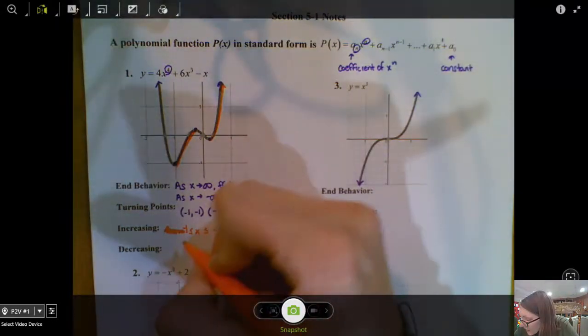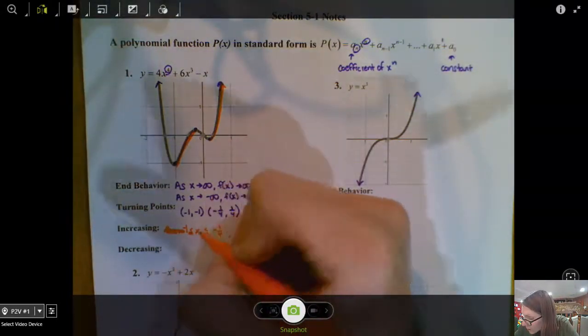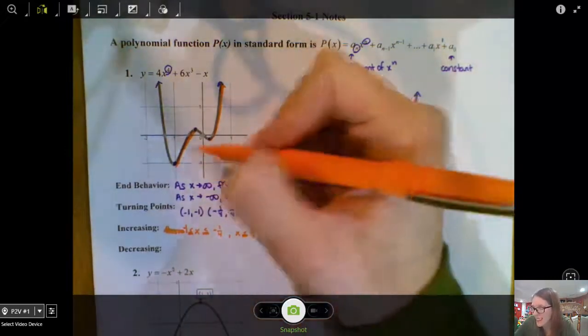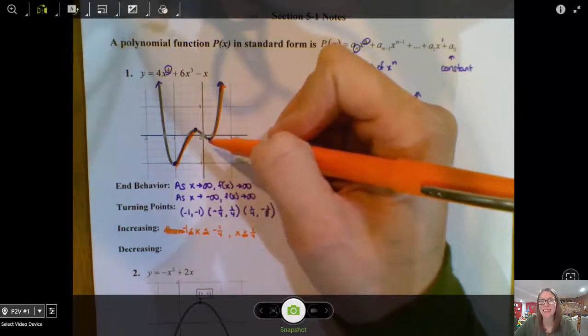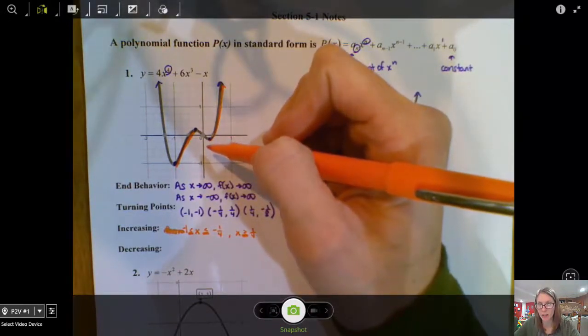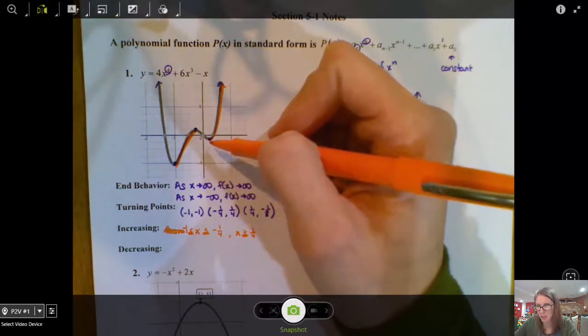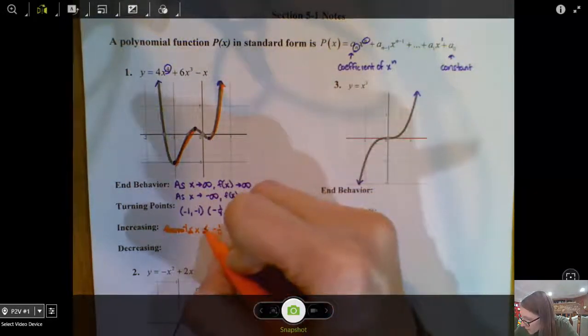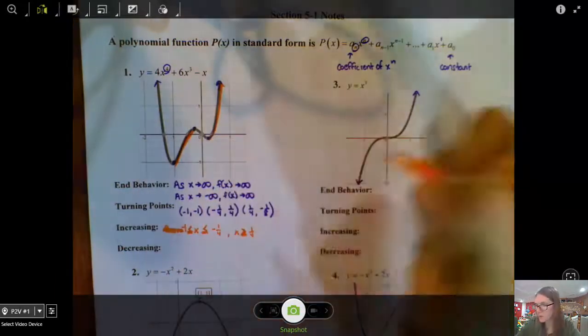And I guess really I should say greater than. These shouldn't have the equal to option, because when x is equal to 1/4, that's exactly where your graph is changing direction. So we're not really increasing or decreasing at that point. So these really should just be greater than symbols. No equal to option.